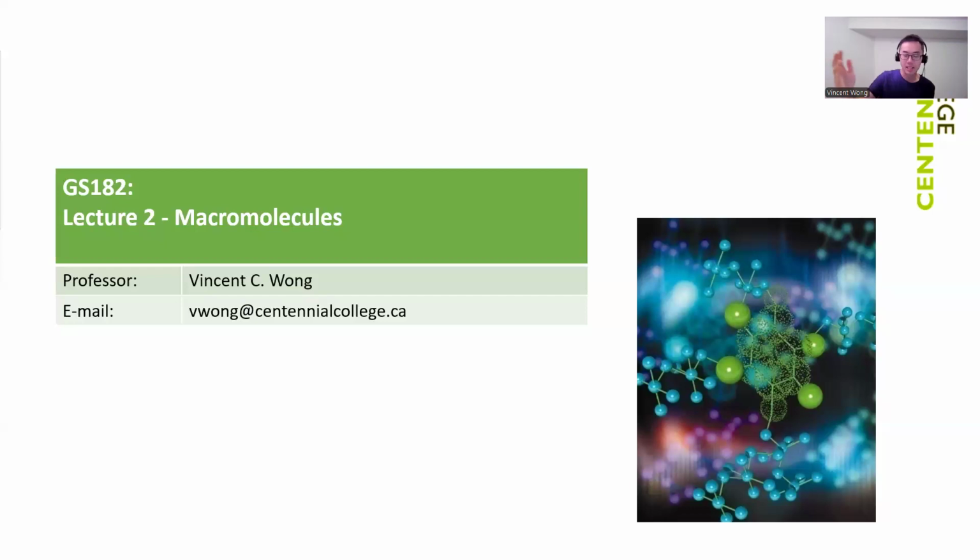So instead of relying on the chemistry course to teach you the chemistry knowledge that you need for this lecture, I'm just going to teach you some basic chemistry that you would need in order to understand the macromolecules. So some of these things might be repetition from your chem class. Some of the information might be new, but you got to know them before we can go into the macromolecules. So here we go.